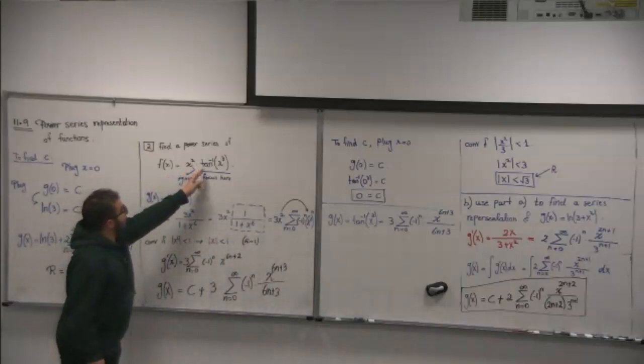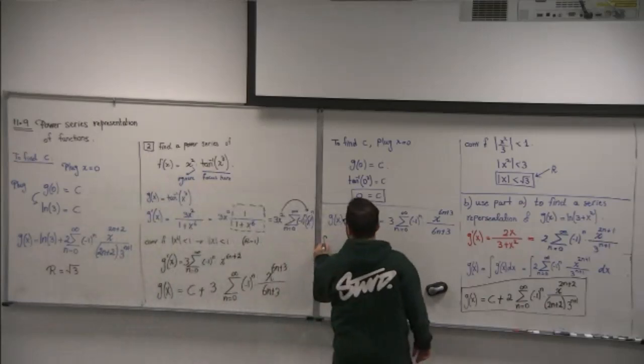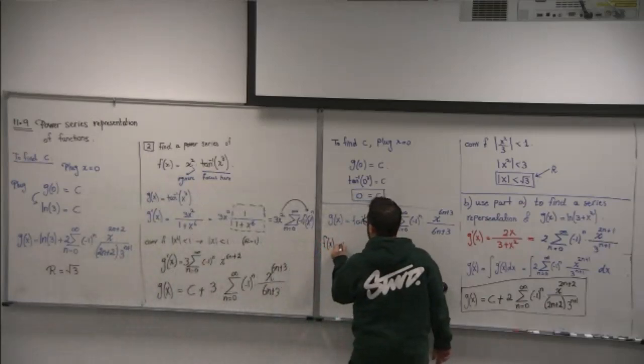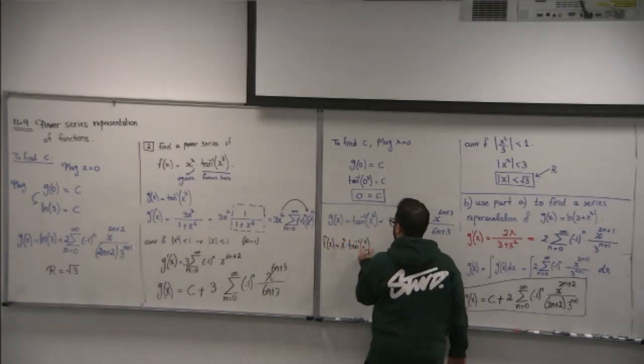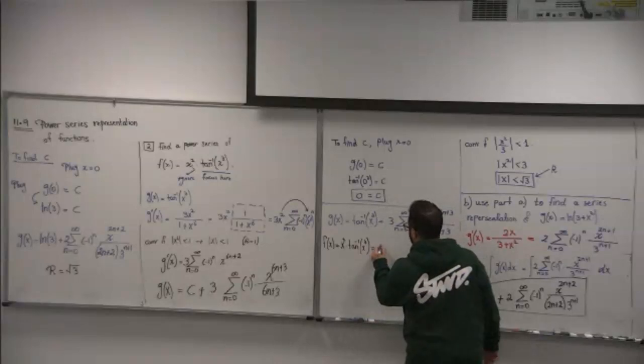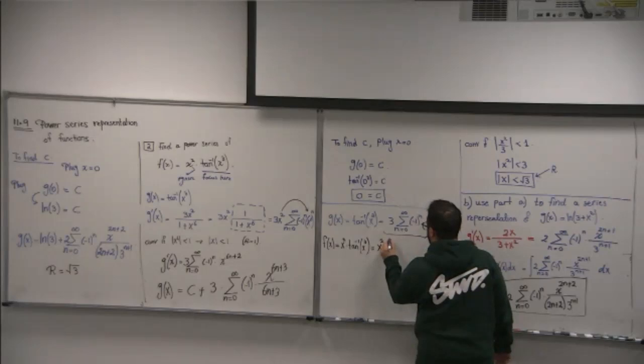Now, let's go back to f of x. It's x squared times this, but this I found a series for it, right? F of x is x squared multiplied by tan inverse of x cubed. So it's x squared times this guy, copy paste. So times 3 multiplied by the series.